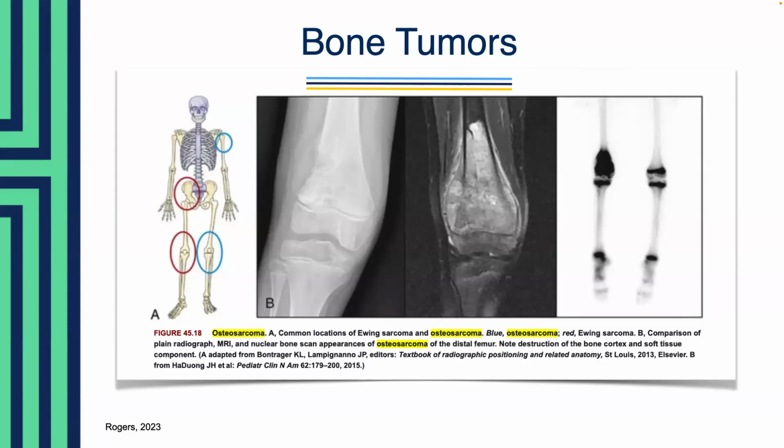You've got chondrogenic tumors arising from cartilage cells or chondroblasts, such as osteochondroma. Collagenous tumors arise from fibrous tissue cells that produce collagen, such as fibroma and fibrosarcoma. Myelogenic tumors arise from bone marrow cells, such as the giant cell tumor or Ewing's sarcoma.